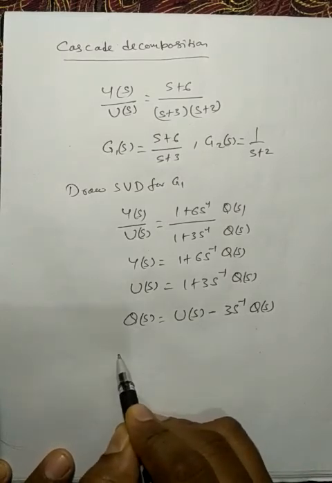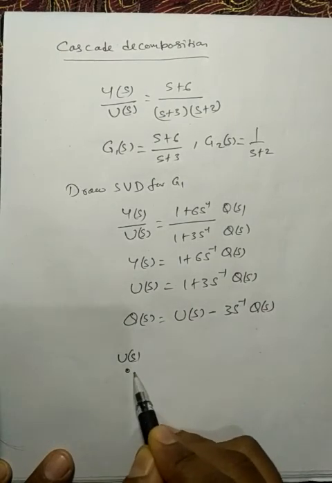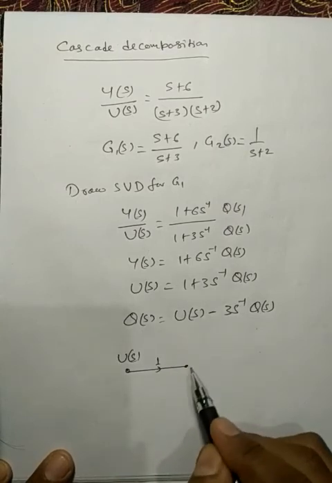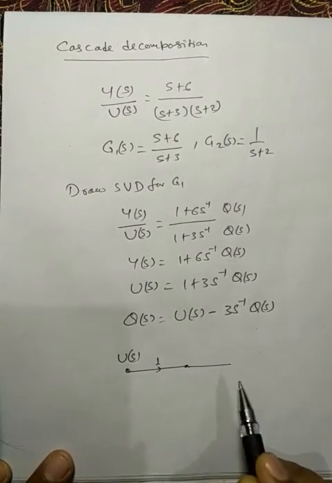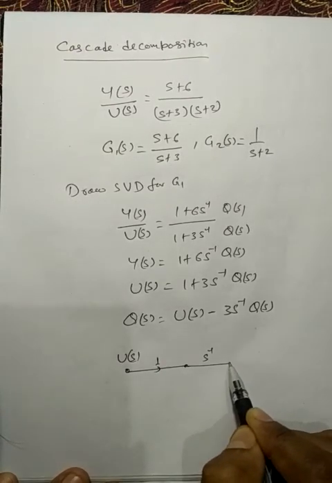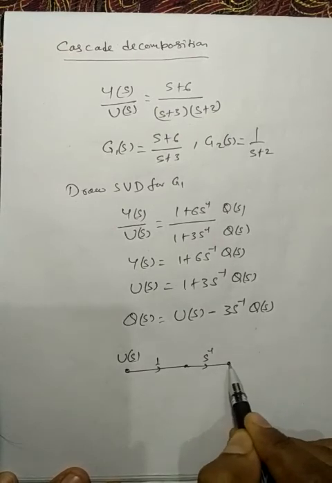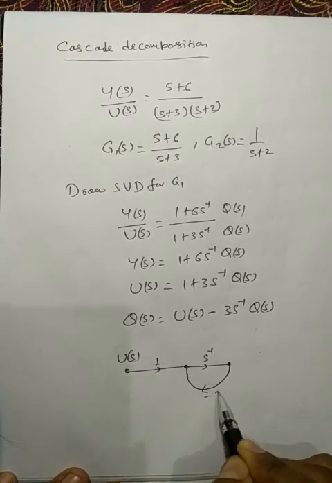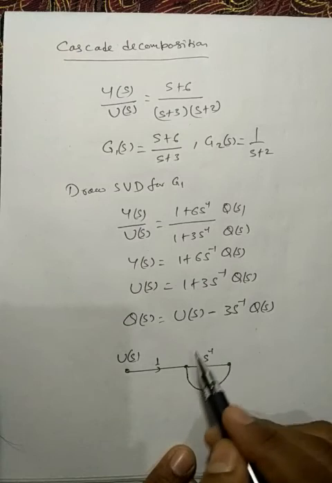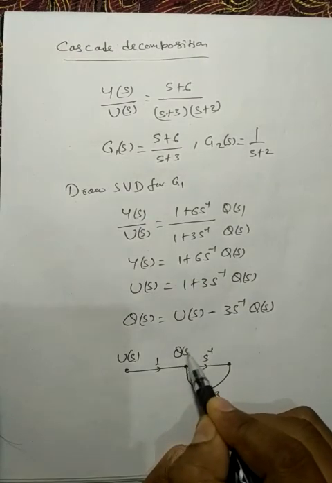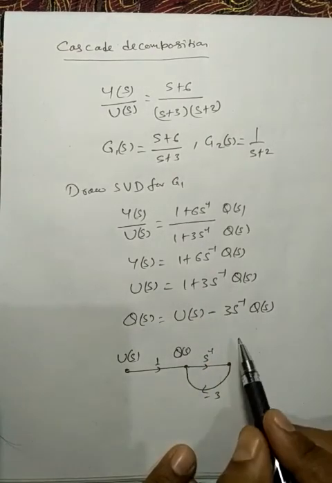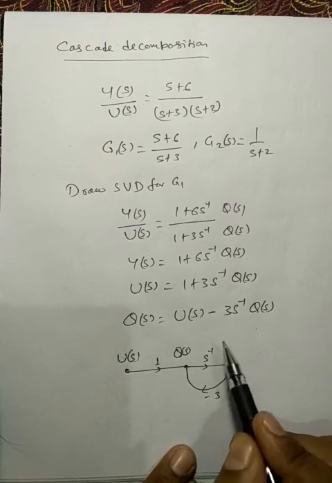here I am having Us, one, here I am having s inverse. From this point minus 3, and this is Qs, and 1 plus 6s inverse Qs is Ys.